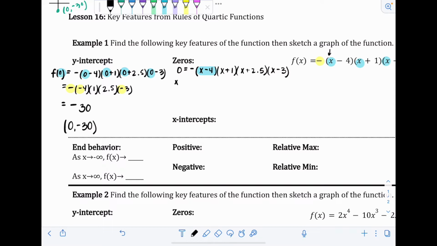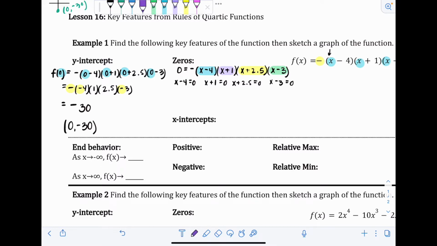So first is x minus 4 equals 0, and then next is x plus 1 equals 0, and then x plus 2.5 equals 0, and then x minus 3 equals 0. And then we set each factor equal to 0.